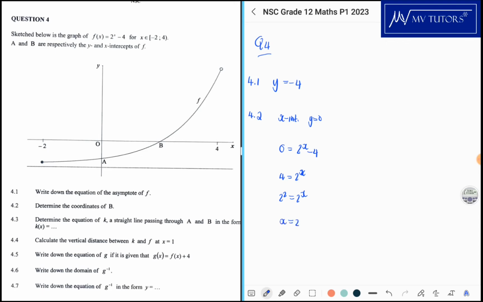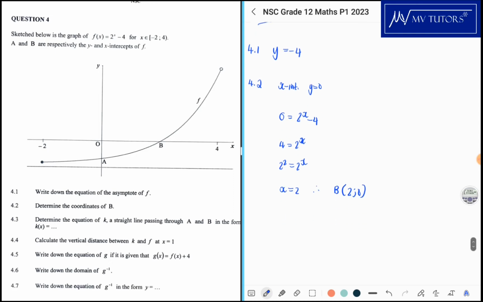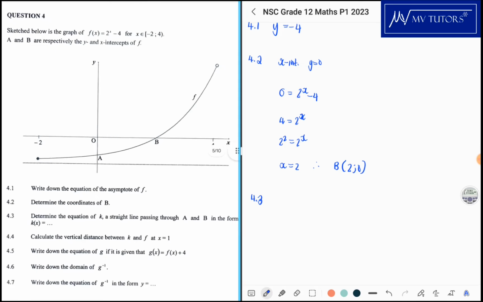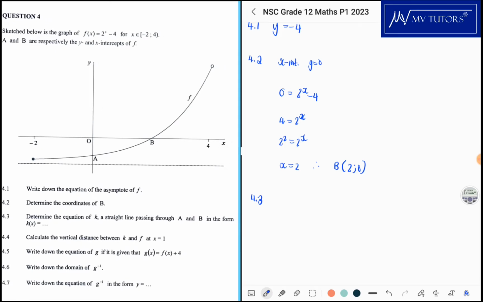So now we have that x is equal to 2. Okay, and therefore we can write the coordinate of b and say that b is actually 2 and 0. Okay, and then 4.3, determine the equation of k. What is k? It is a straight line passing through a and b in the form.